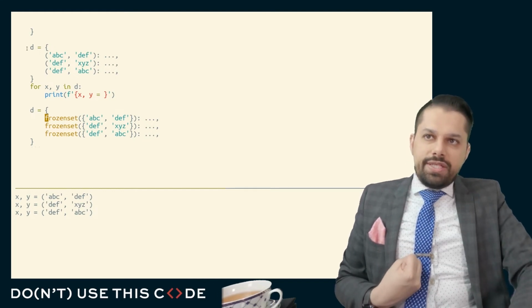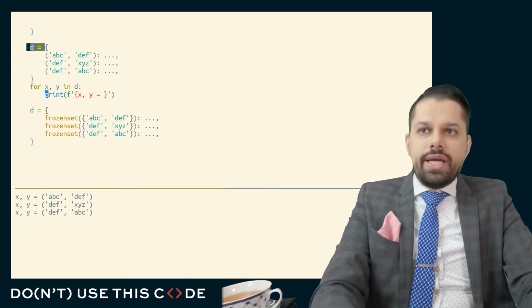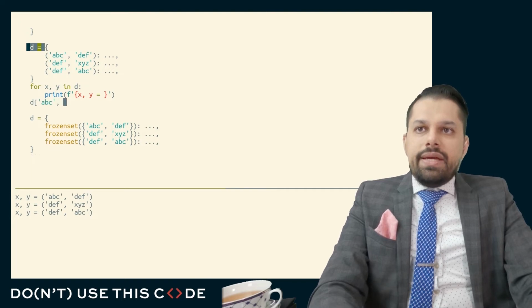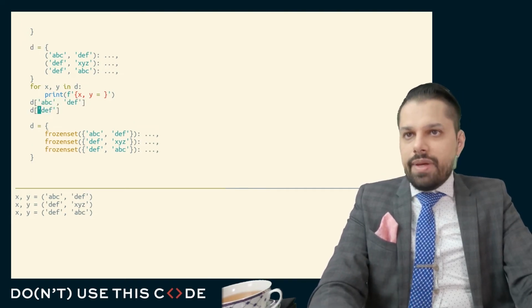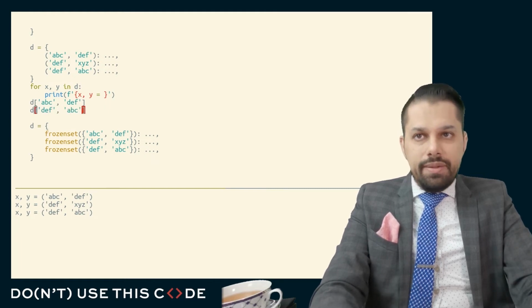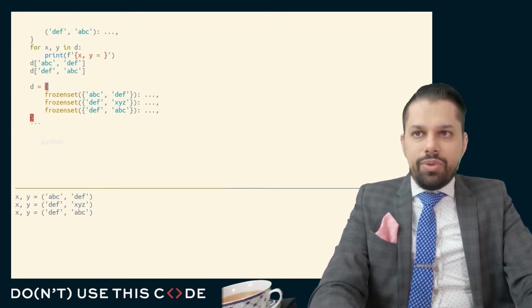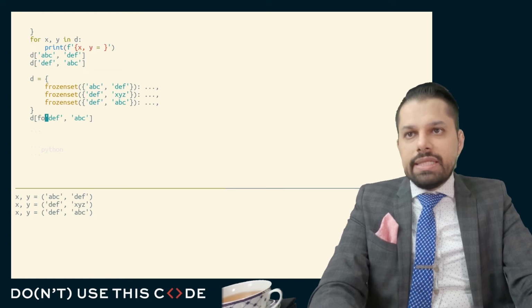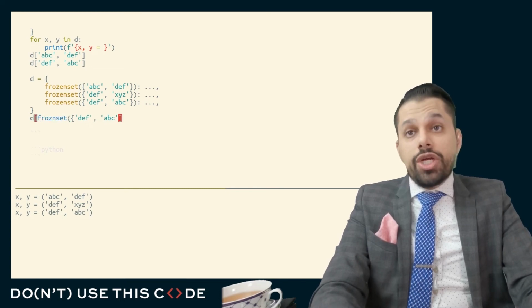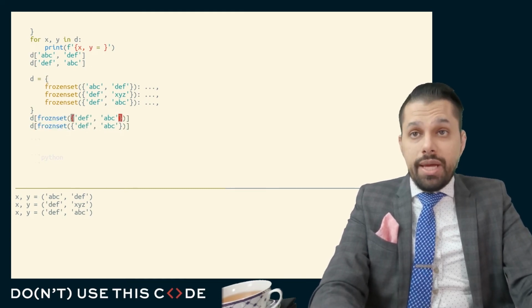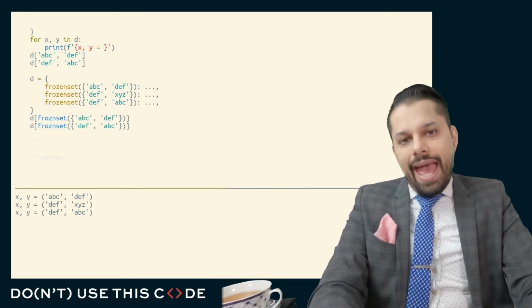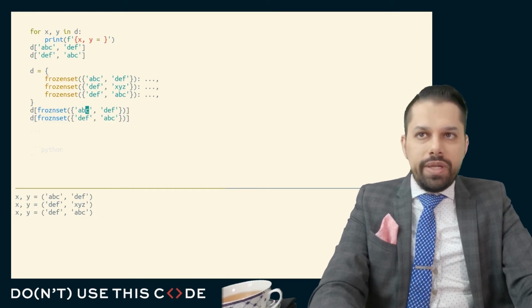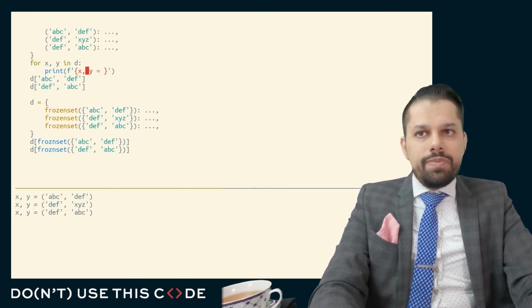In the first example, the value for ABCDEF doesn't have to be the same as the value for DEF ABC. Whereas in the later example, because the frozen set isn't an ordered type, a human ordered type, it's a machine ordered type, and where that ordering is not considered in the cases of the hash or the equality, these two would be the same.